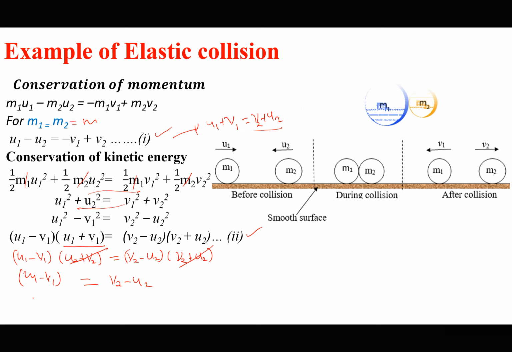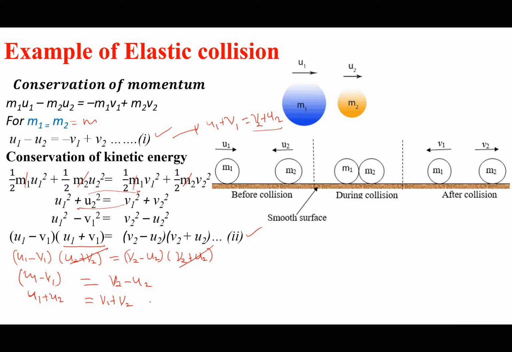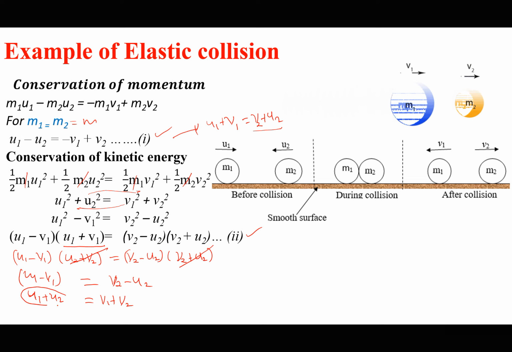So when I rearrange this, bring the u's on one side, I have u1 plus u2. Bring the v's on the other side, I have v2 plus v1, or v1 plus v2. So I'm arriving at u1 plus u2 and v1 plus v2.